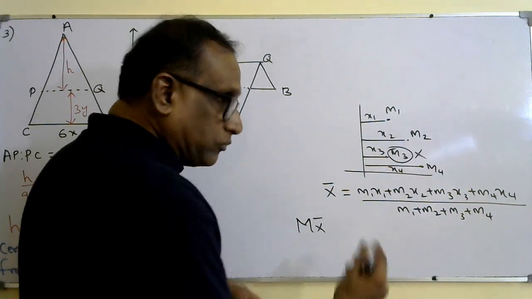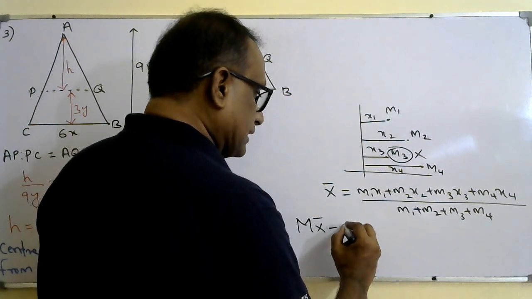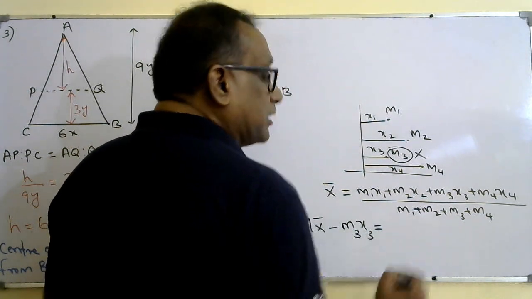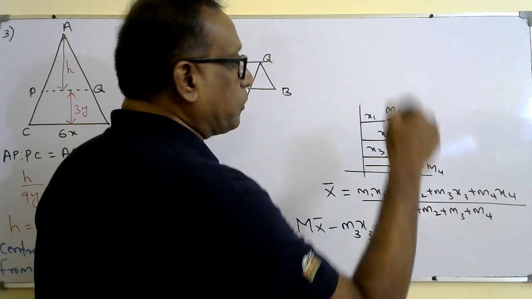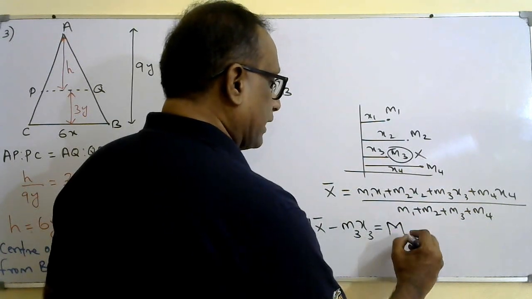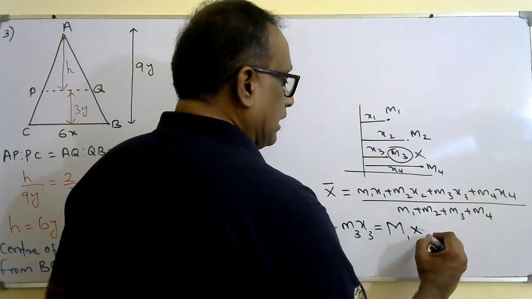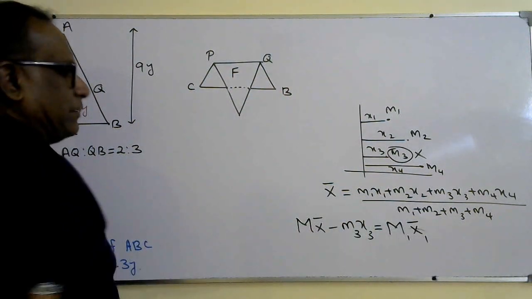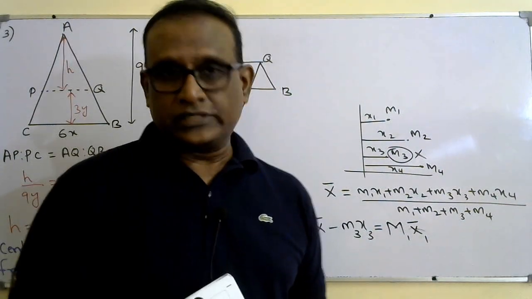From there, if I remove the third particle M3, I can do this: minus M3 x3 equals the new total mass, M1 plus M2 plus M4, times x1 bar, where x1 bar is the new center of mass. We can derive it simply. I'll derive it during the October 2022 question 1.